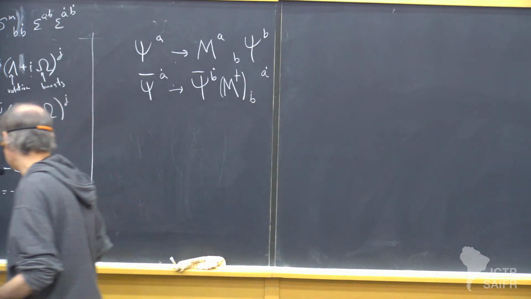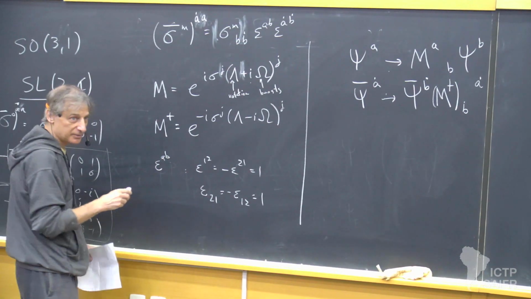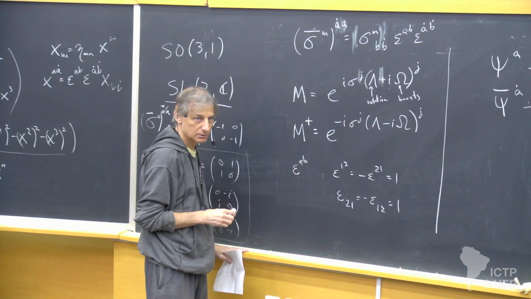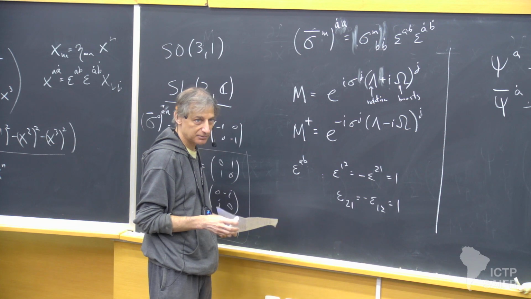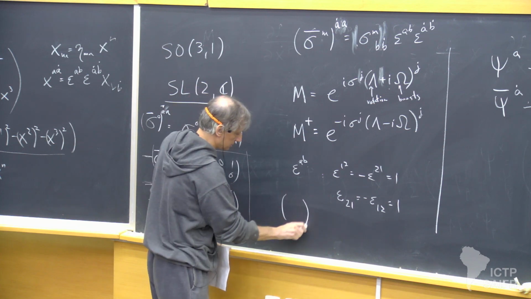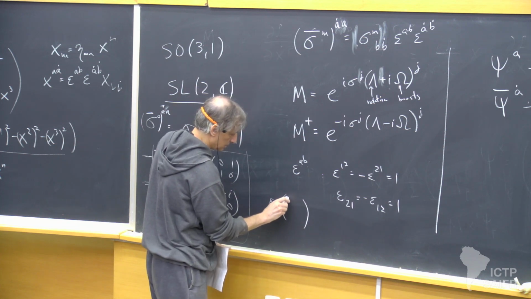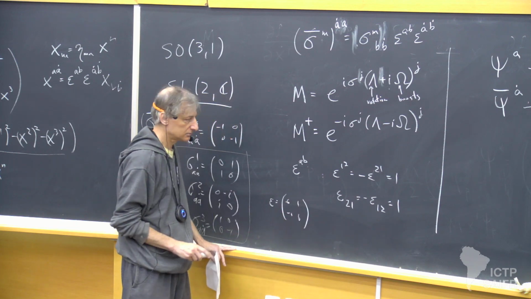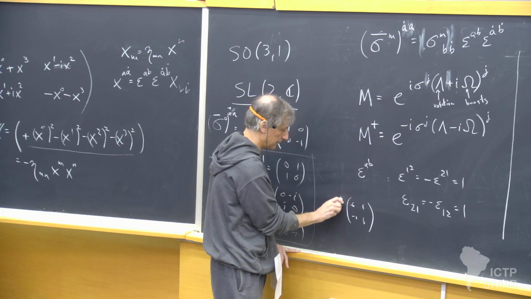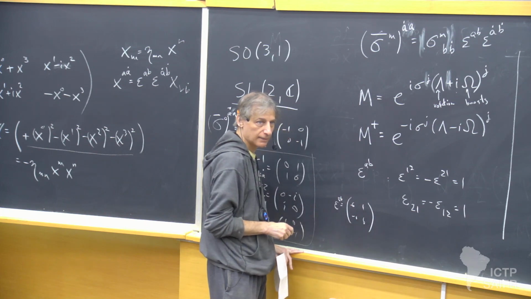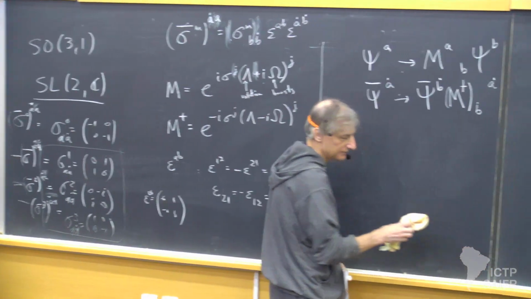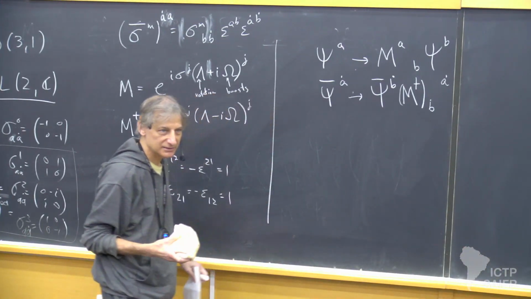Okay, so epsilon is an antisymmetric tensor where A and B go from 1 to 2. So it's a 2 by 2 antisymmetric matrix, which, the way I'm defining it, is 0, 1, minus 1, 0. So epsilon A B is this. It's the Levi-Civita tensor. I don't know if that helps you, but it's just an antisymmetric tensor.